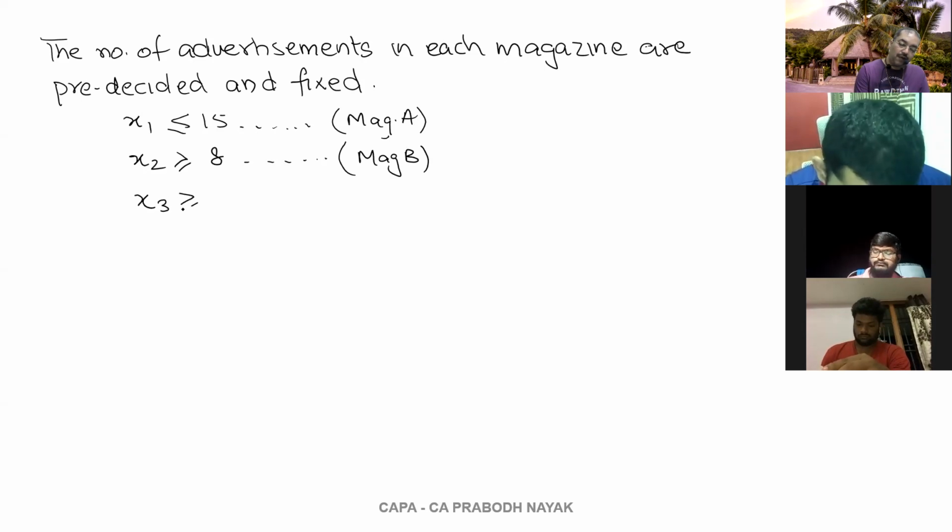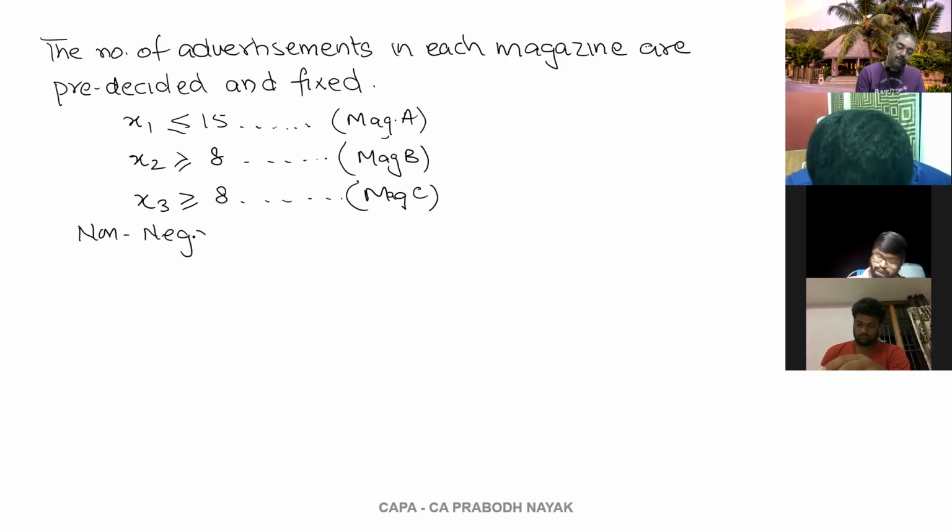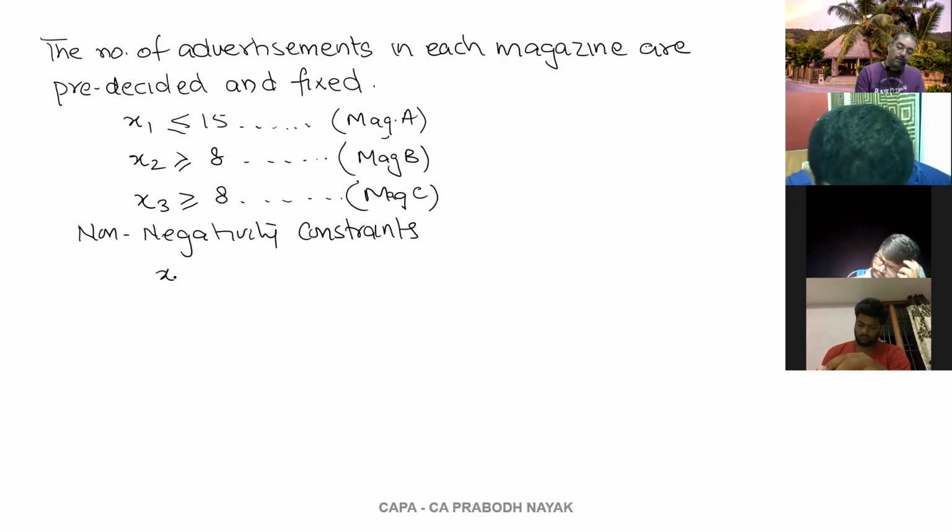X3 is greater than or equal to 8. Non-negativity constraints: X1, X2, X3 greater than or equal to 0.